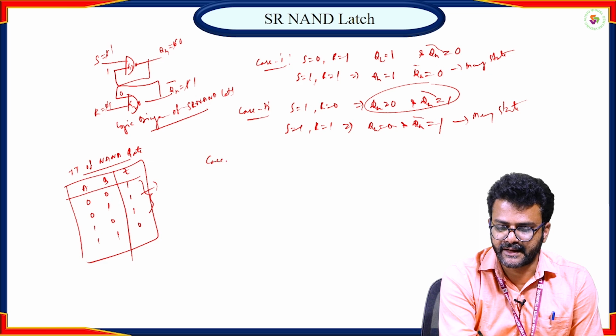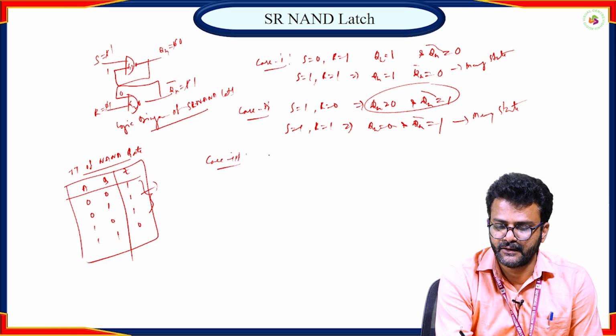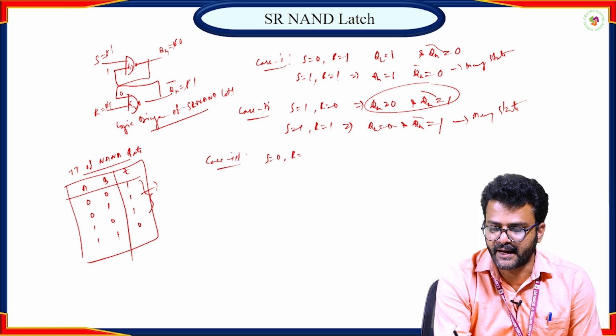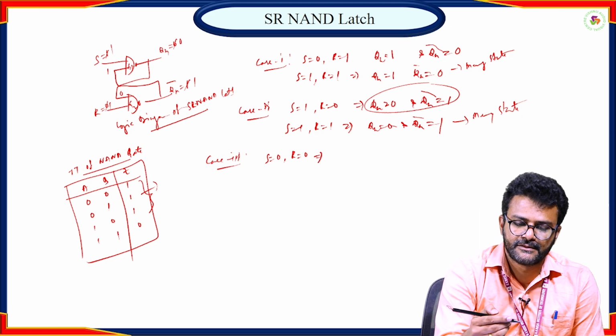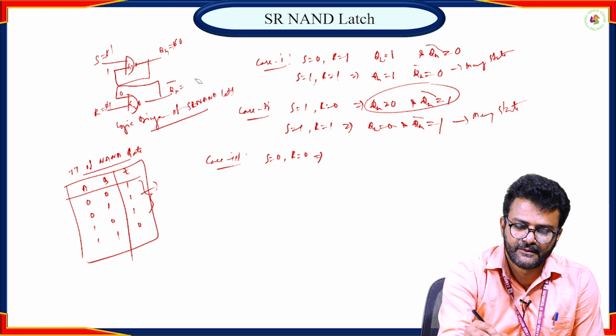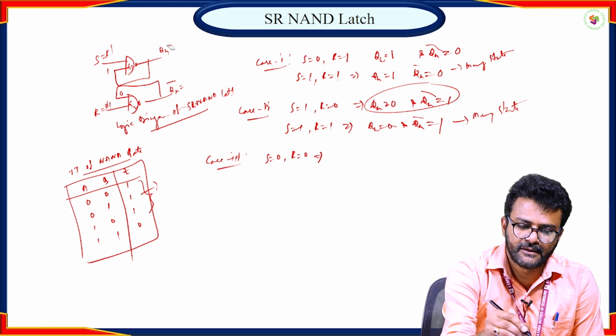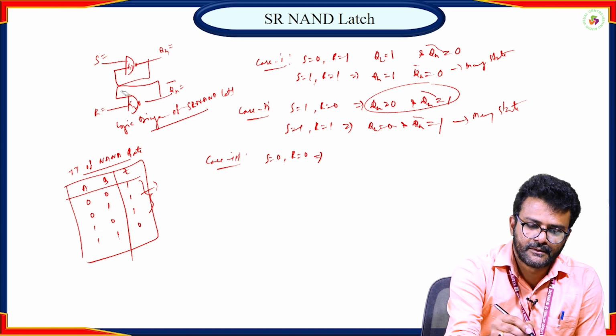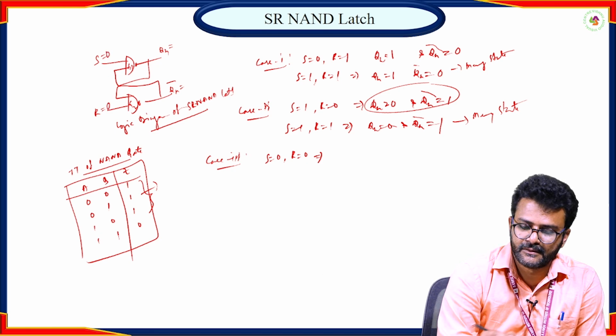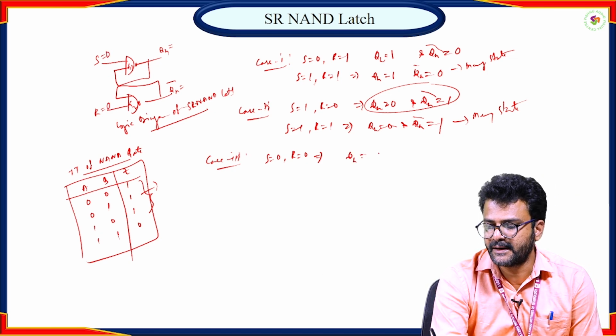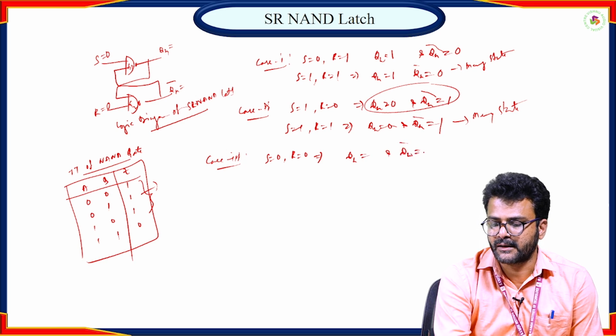And now we will check for case 3, when S is equal to 0 and R is equal to 0. Now we will check for Qn and Qn bar.